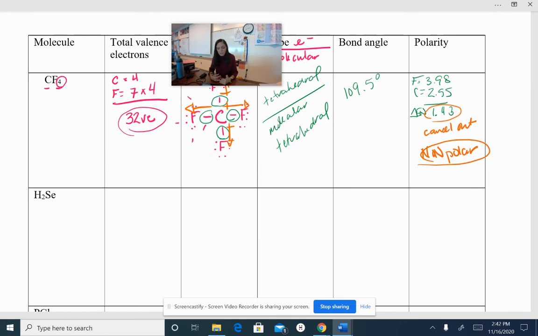And then once you've got this all filled out, you can use your answers to answer the questions that are on the Canvas module for this lab.